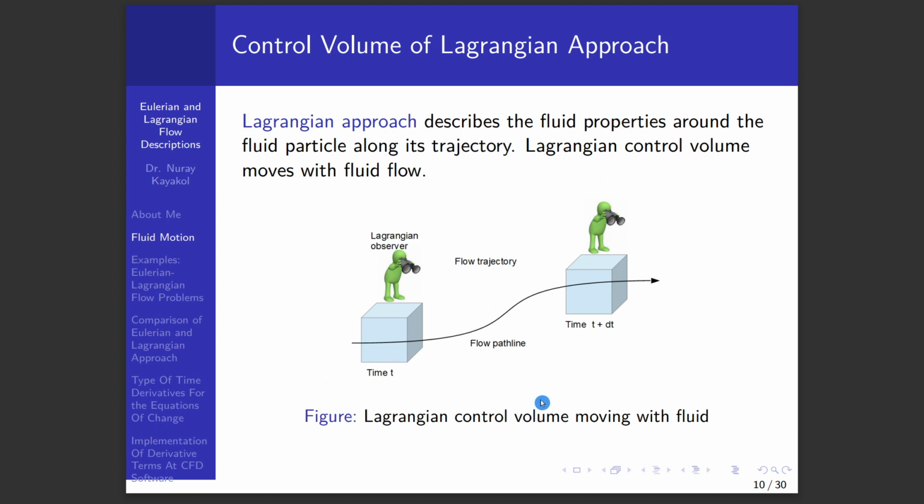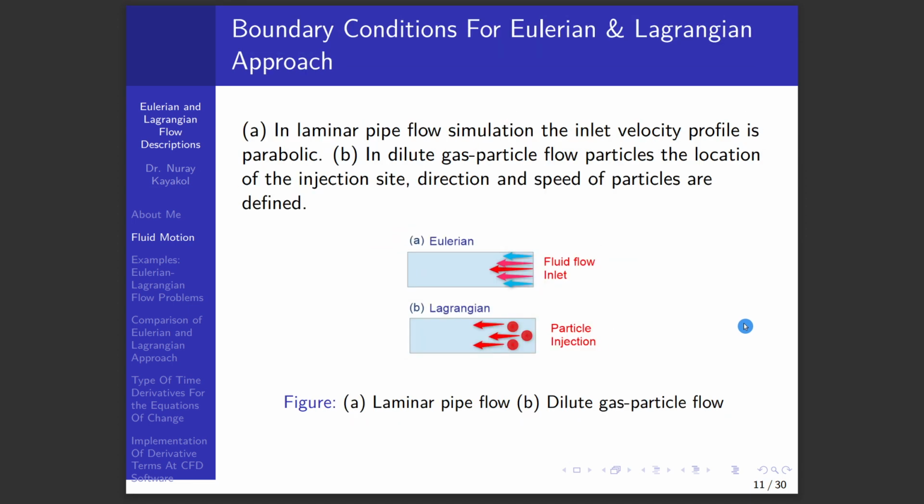This arrow shows a path line for the flow trajectory, and at different time steps, the position of the control volume is changing. This is how we understand the Lagrangian approach.